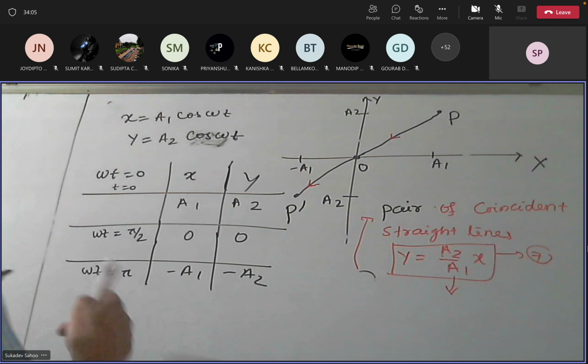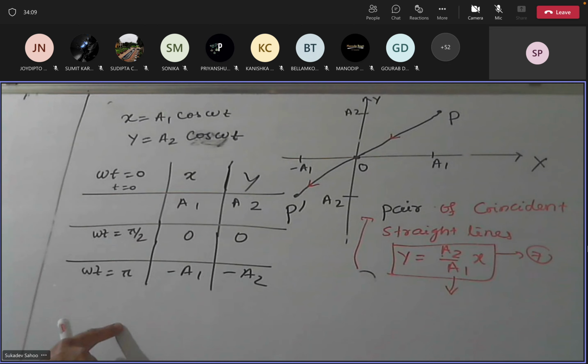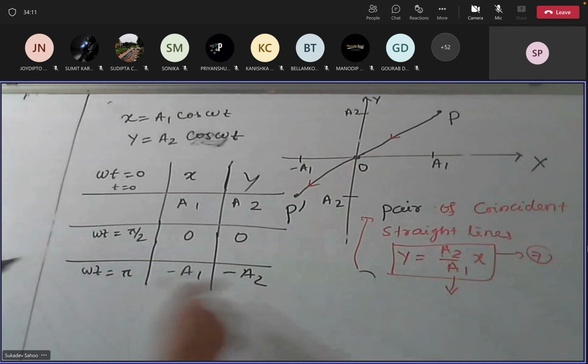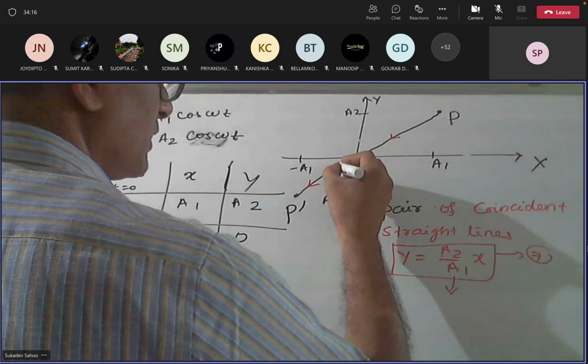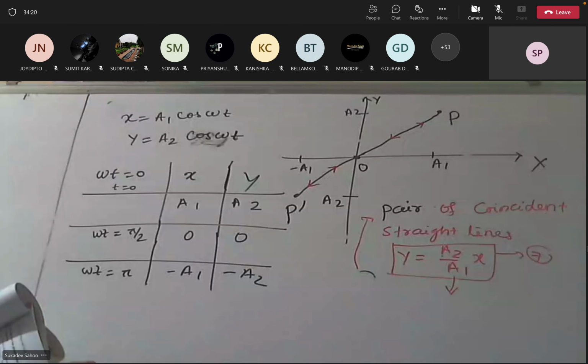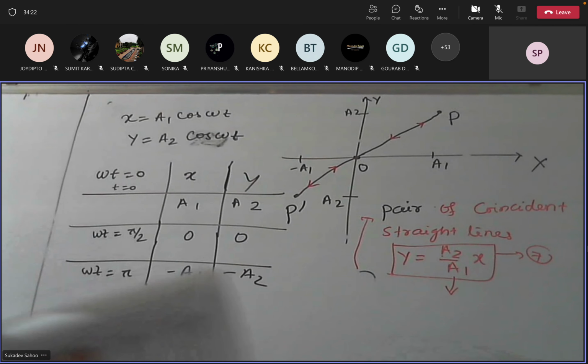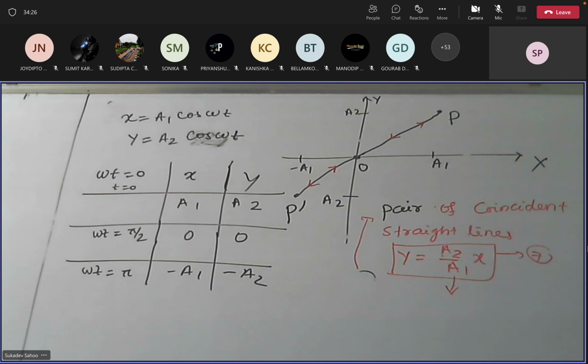Again, if you take pi by 2, pi, then 3 pi by 2, again you will get 0, 0, and at 2 pi you will obtain this one. So the direction will be like this. Everybody clear? If any doubt, you can ask. How will you obtain the direction?